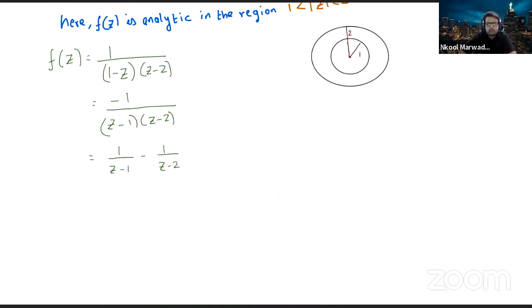Now what I can do, I can take z outside here, and here also I can take z outside. Or here I can take 2 outside.